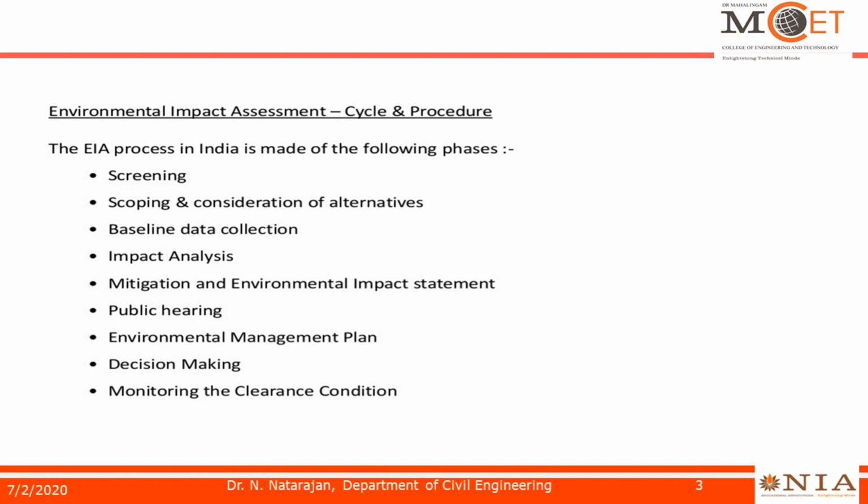Scoping. Scoping actually means, you might have heard of this word scope. So what is your project scope? So there are two things which we can say about the scope. One is in terms of the boundary, and one way of defining boundary is in terms of the physical boundaries.